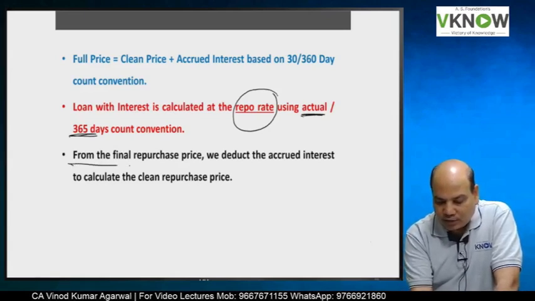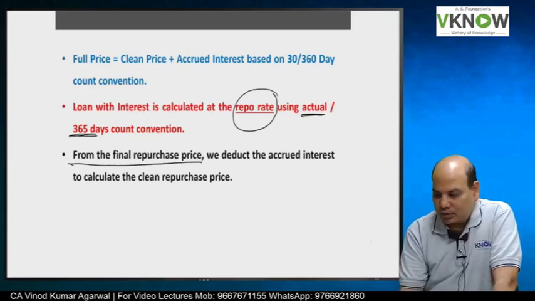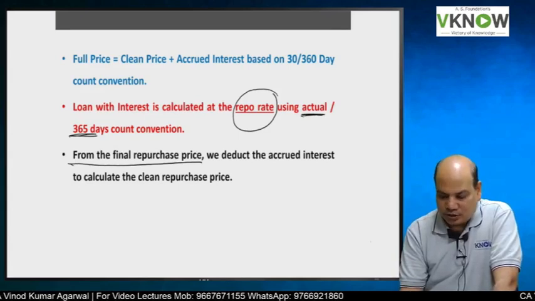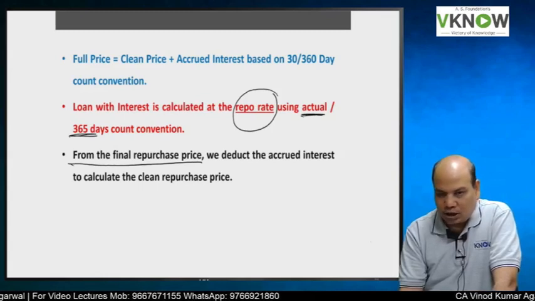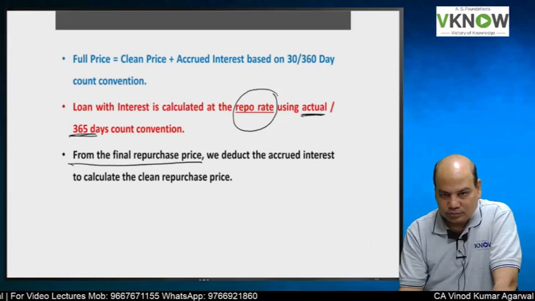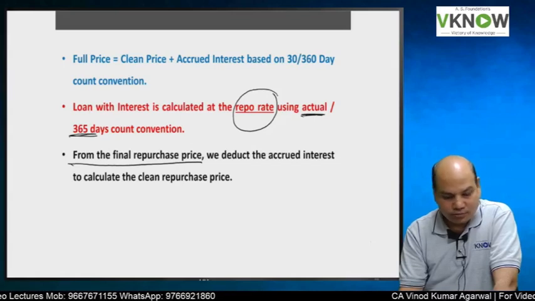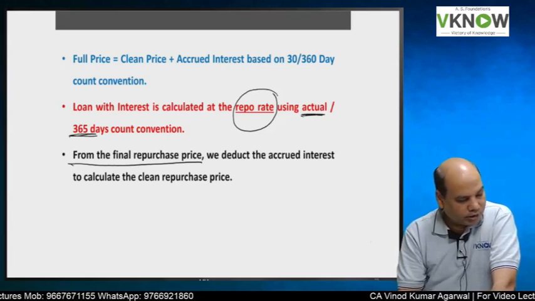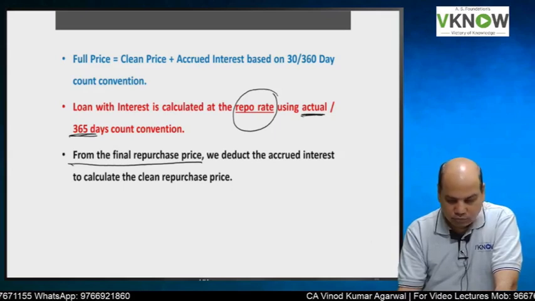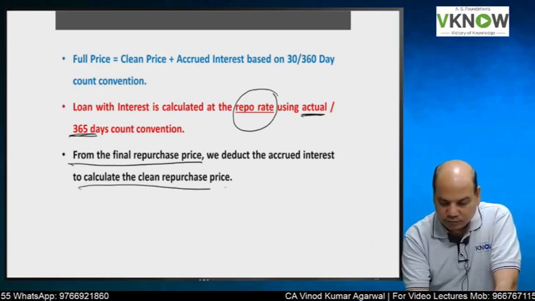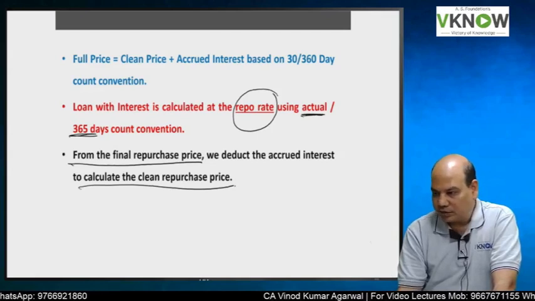From the final repurchase price, we deduct the accrued interest to calculate the clean repurchase price.